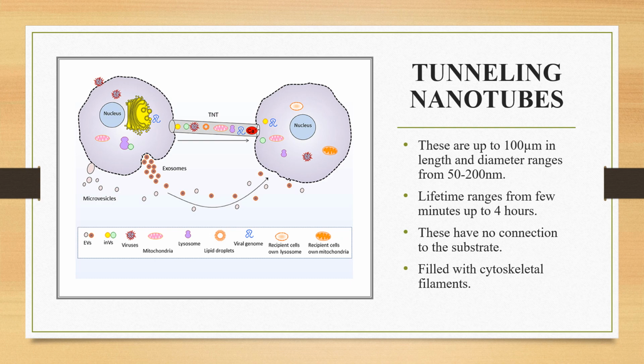These are wider and allow transfer of mitochondria and endosomes, and the movement is bidirectional in nature. TNTs act as nanohighways for transfer of cargo and organelles between non-adjacent cells.